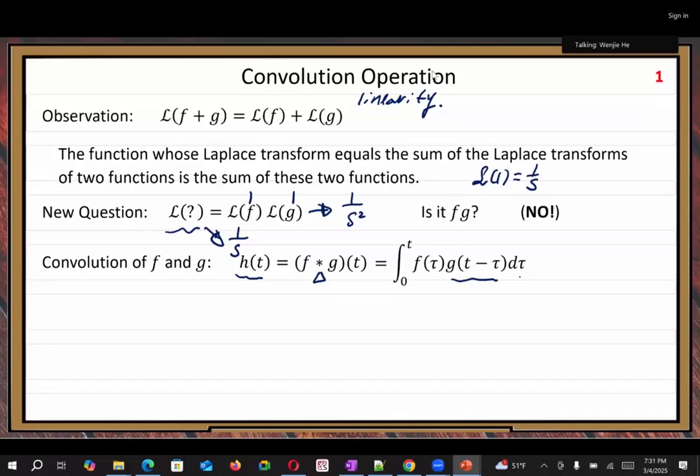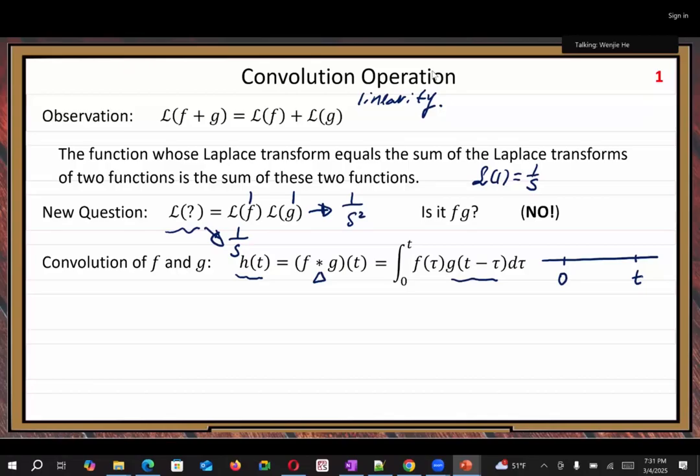Let me draw this to try to understand the structure of the convolution. Here is 0, then the point t. Here t is fixed. When you understand the integral, we treat the t value as a fixed value.